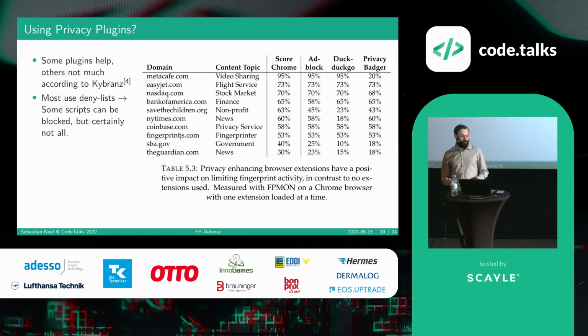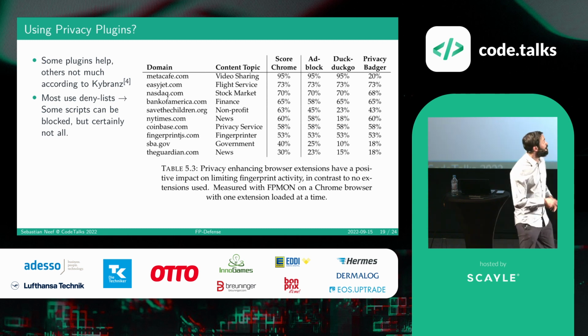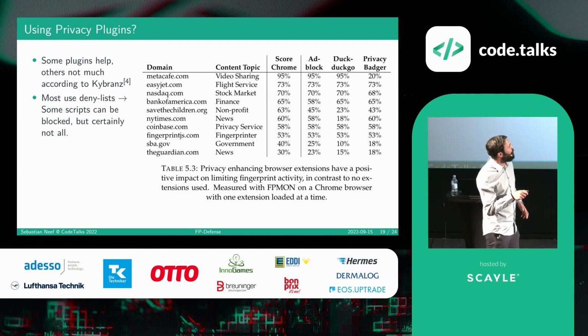So maybe you can install some privacy plugins. My colleague looked at this in his master thesis. He compared the base score of Chrome with our extension to AdBlock, DuckDuckGo, and Privacy Badger. It turns out that for some websites the tracking score was reduced.